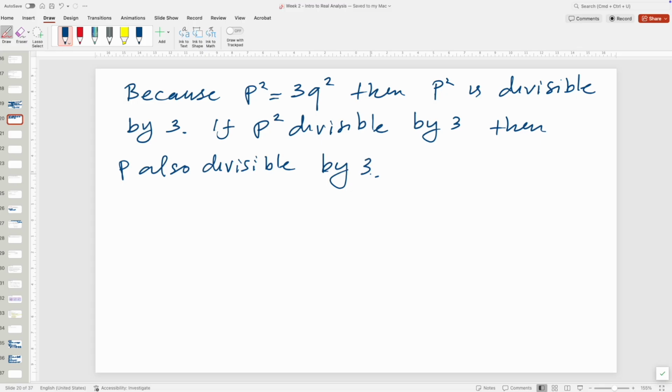In here, P must be an integer. Let's say I choose P squared equal to 3. Then 3 is divisible by 3, right? And then what is P? P is square root 3. But square root 3 is not divisible by 3. Do you think this is wrong?